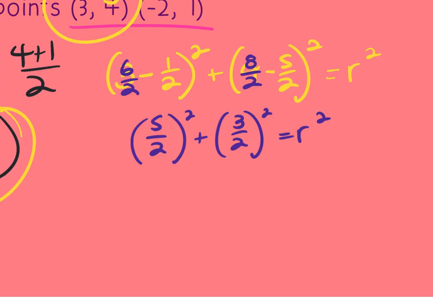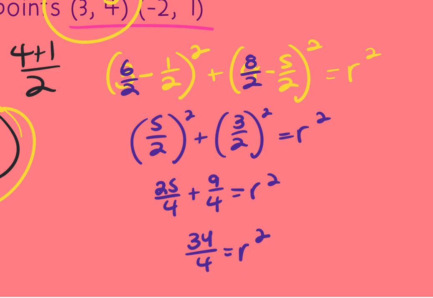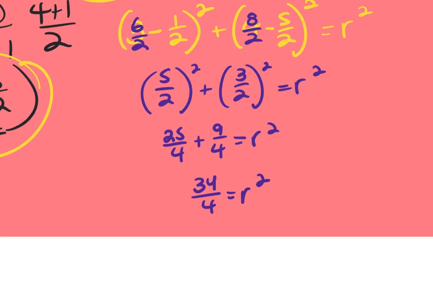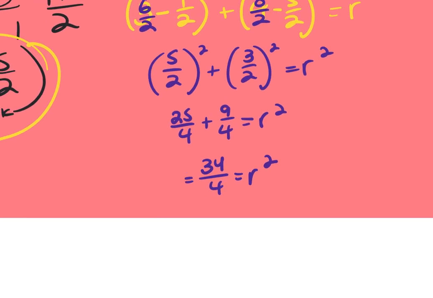What's 5 over 2 squared? Good. 25 over 4. Square both. Plus, what's 3 over 2 squared? 9 over 4. At least they have the same denominator. So I get 34 over 4 equals r squared. Can I leave it as 34 over 4? Nope. It's simplifiable. 17 over 2.